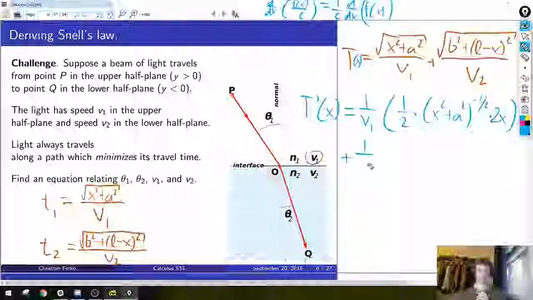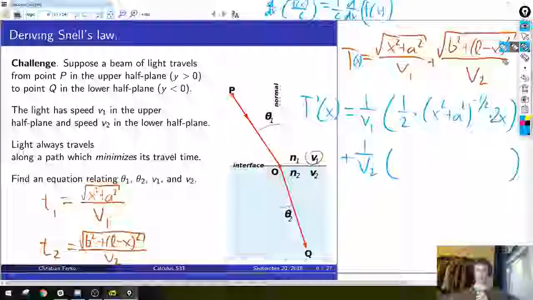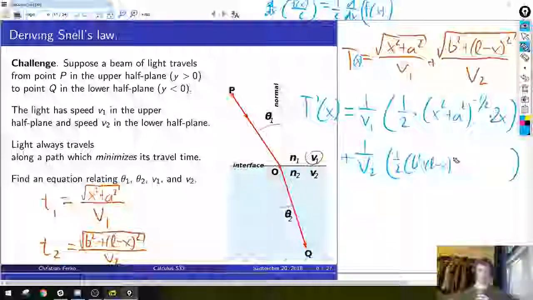Magic. All right. So second piece, same spiel. Basically, v2 is a constant, so we could pull that out and then differentiate this guy. We see by the chain rule that this is going to be 0.5 times b squared plus L minus x squared, all to the power of negative 0.5, so minus a half.